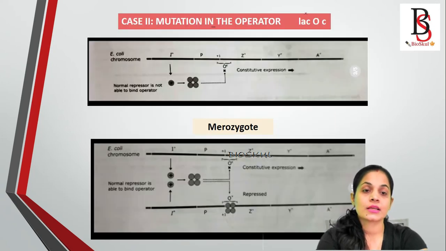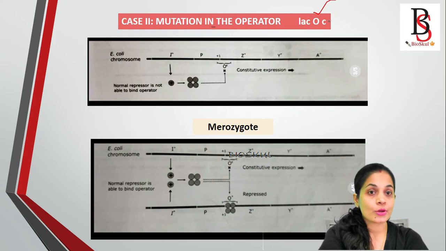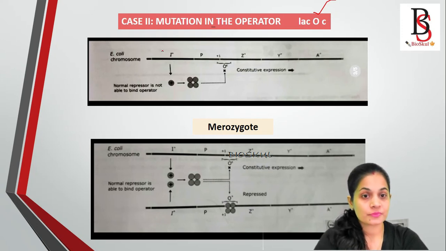In the second case, mutation in the operator, O^C, it is mutated. As I told you before, if the operator region is mutated, then the repressor protein cannot bind to the operator. So in the E. coli chromosome, the repressor is I plus, this one is the promoter, then the operator here is mutated, that is O^C.